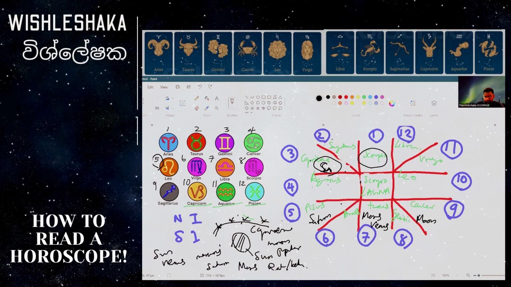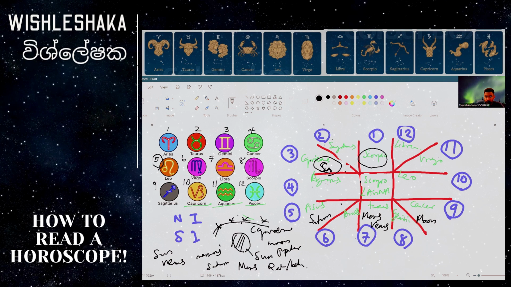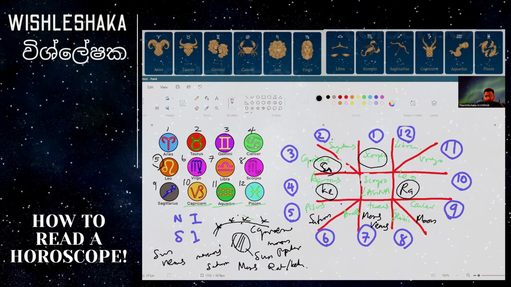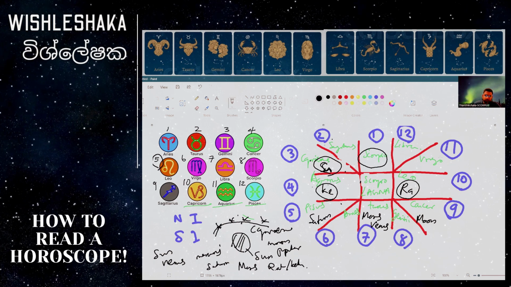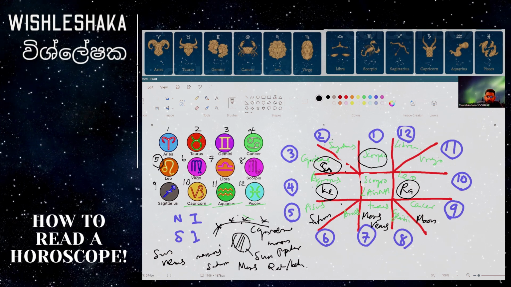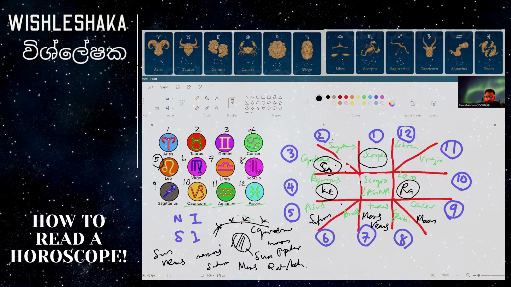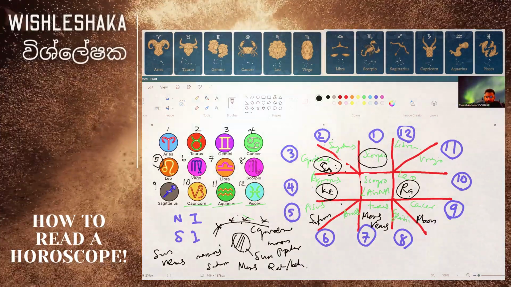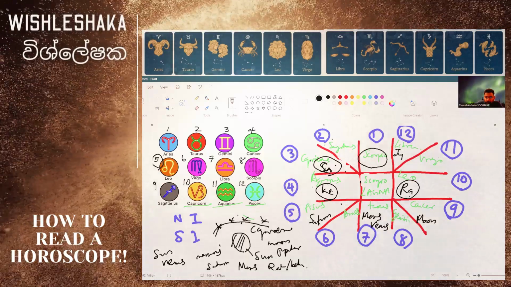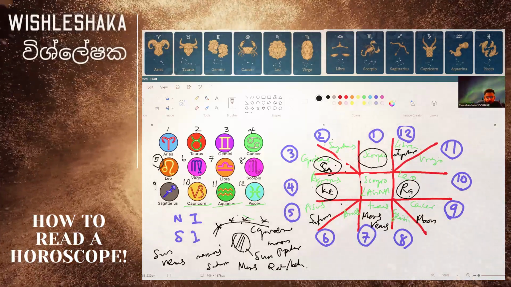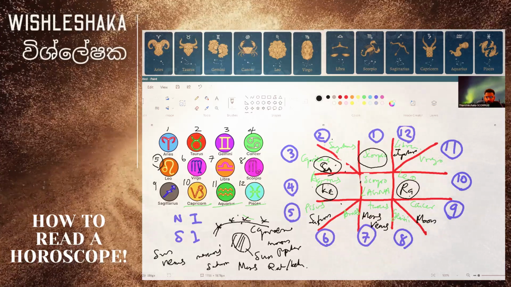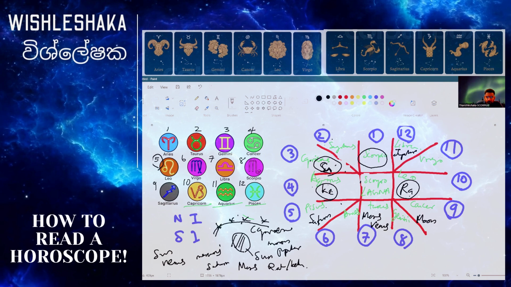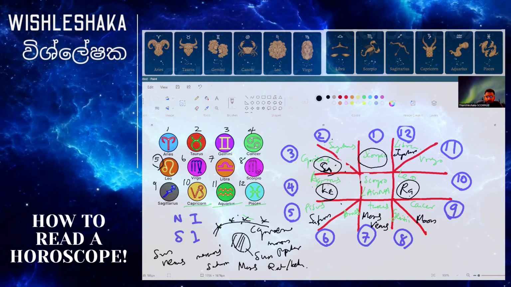Let's say Rahu is in Leo, so Ketu is directly opposite in Aquarius. You need more planets. Let's say Jupiter is in the 12th house. I put the Moon, Mars, Venus, Saturn, and Mercury. Mercury was in Lagna.